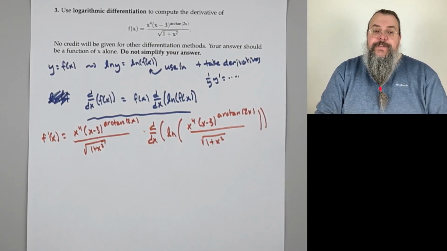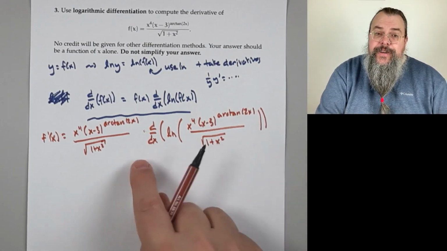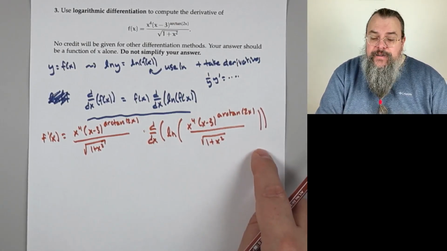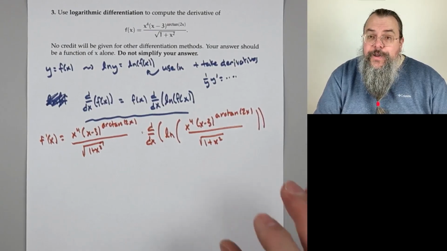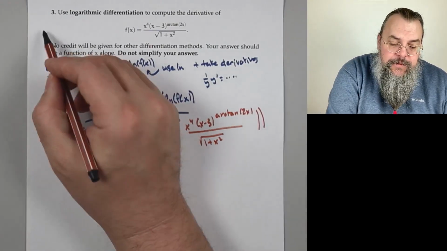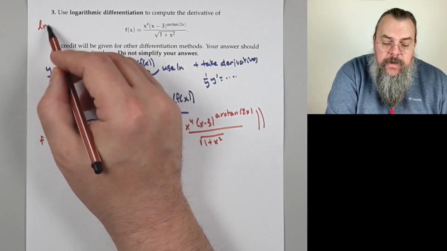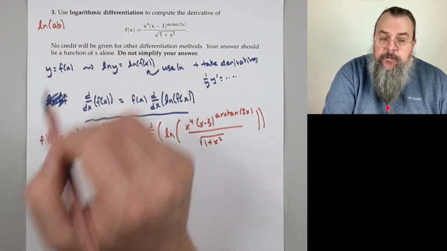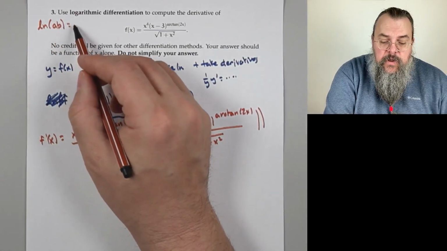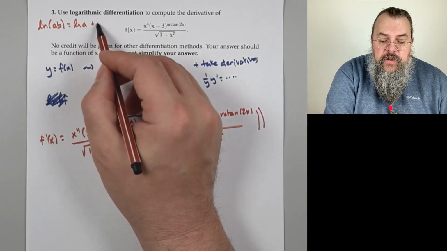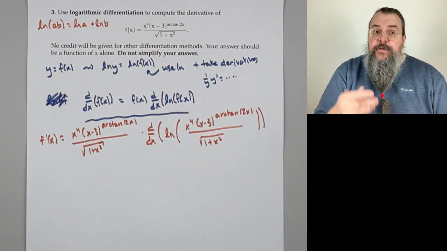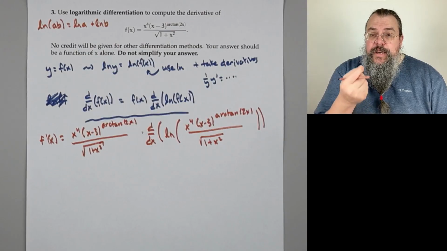All right, so the key here is to know your properties of logs. So what are they? Well, there's a couple of them. Log of a times b is equal to log of a plus log of b. So in other words, multiplication becomes addition.